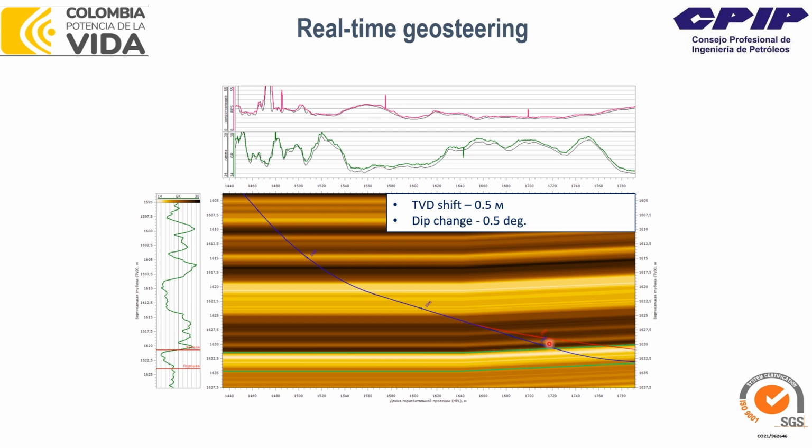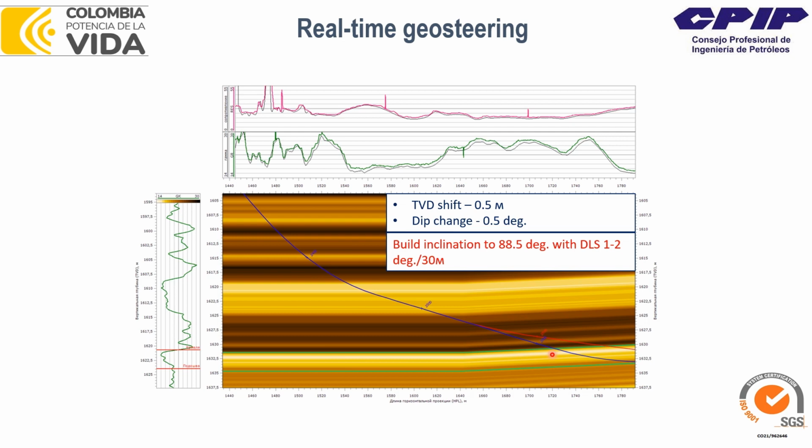And obviously, we see that following the plan, we would exit the formation through the bottom, right? So we need to make special adjustments to the trajectory to keep it inside the pay zone. So now let's move to the changing of the trajectory, which is actually the main part of geosteering.